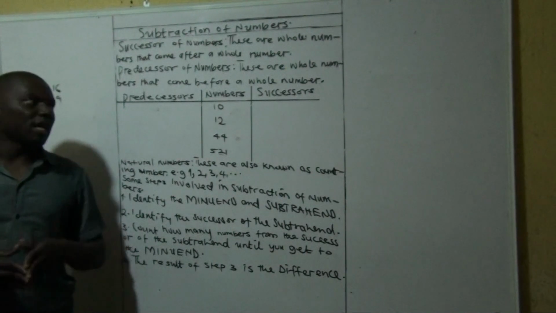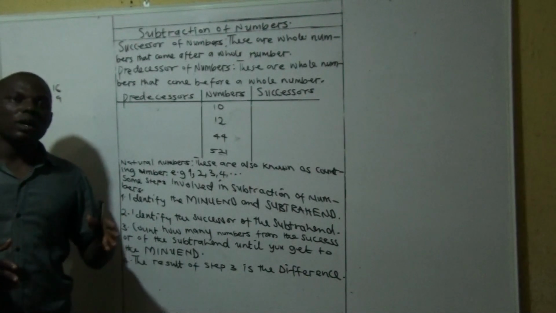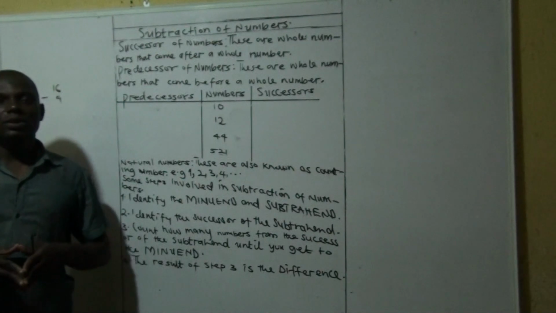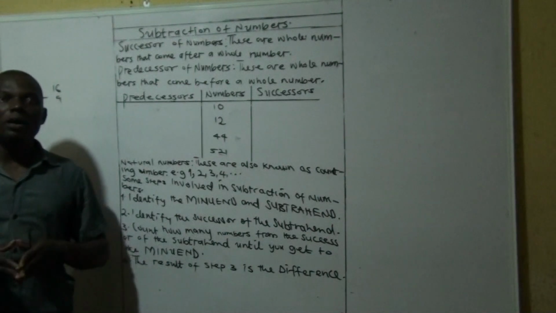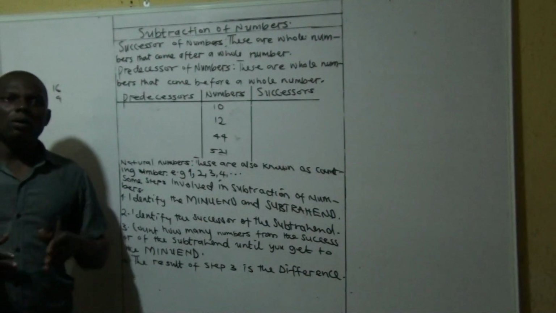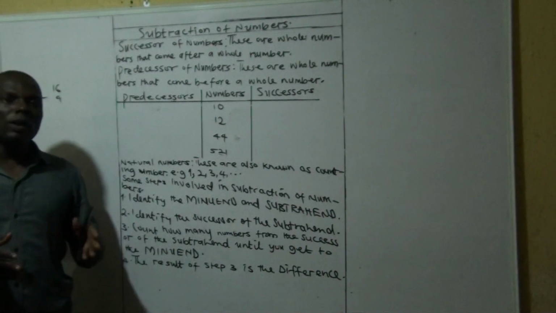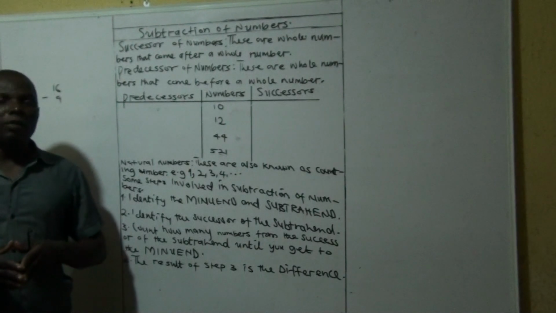In our last class, we looked at some tricks on how to handle the subtraction of whole numbers. In this class, we're going to look at how to handle subtraction of numbers without borrowing. But before then, we will take a look at what we did in the previous class.